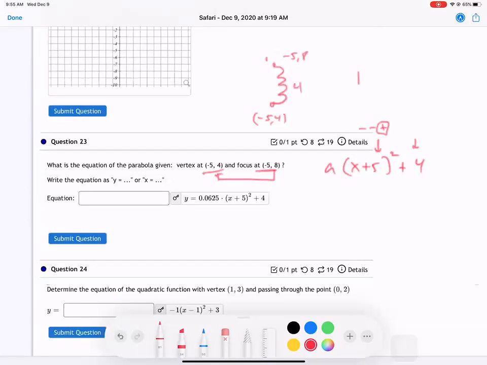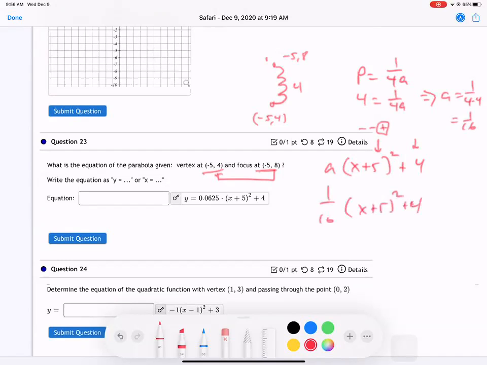So p is equal to 1 over 4a. Do you guys remember that equation? p is equal to 1 over 4a. So if p is 4, 1 over 4a, we do a flip. So a is equal to 1 over 4 times 4, which is 1 over 16. So 1/16 (x + 5) squared plus 4.